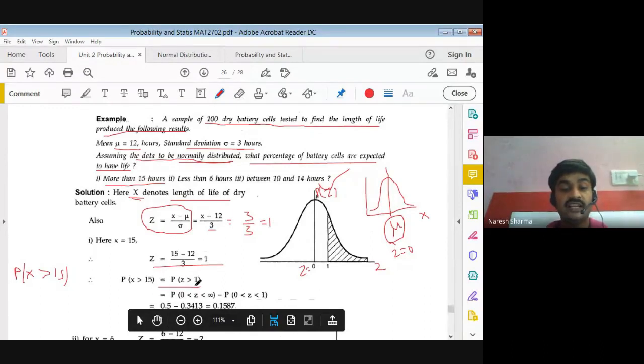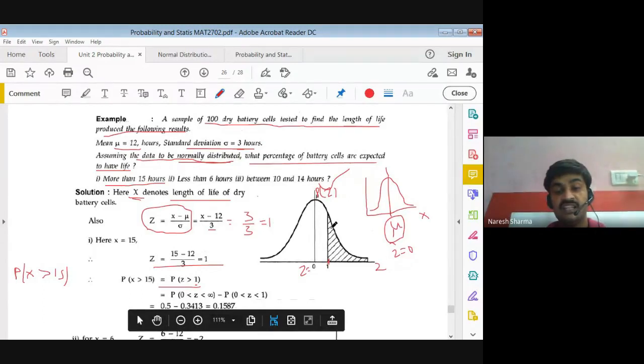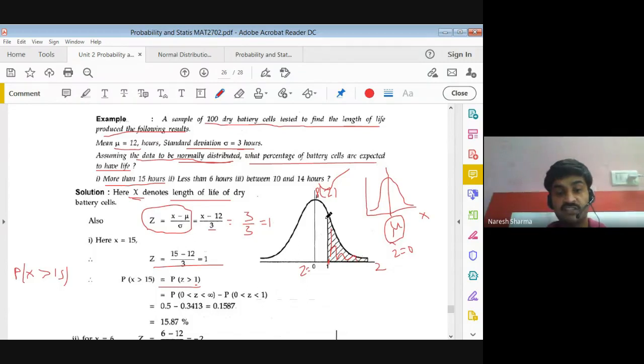That means it covers the area to the right of the line where z is equal to 1.